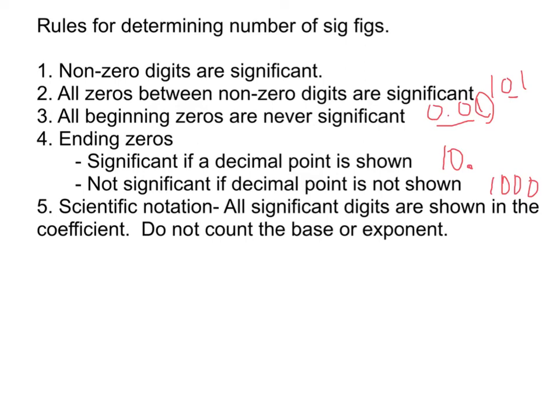Okay, and the final rule is for scientific notation. I actually love scientific notation for this reason as well. You always show all the significant digits in the measurement in the coefficient. The base or the exponent never counts. So if we're looking at 5.34 times 10 to the minus 12th centimeters, there are three significant figures in that measurement.